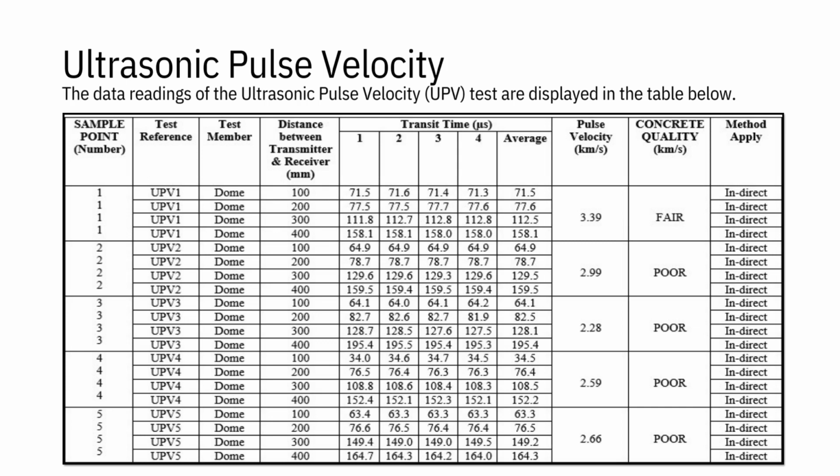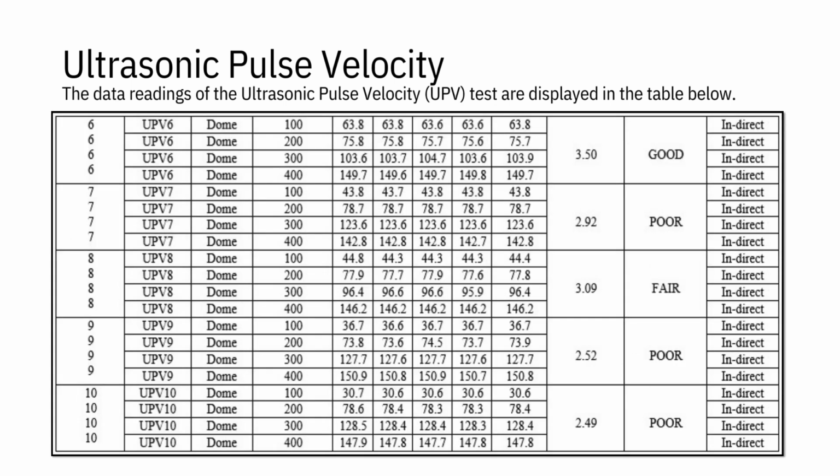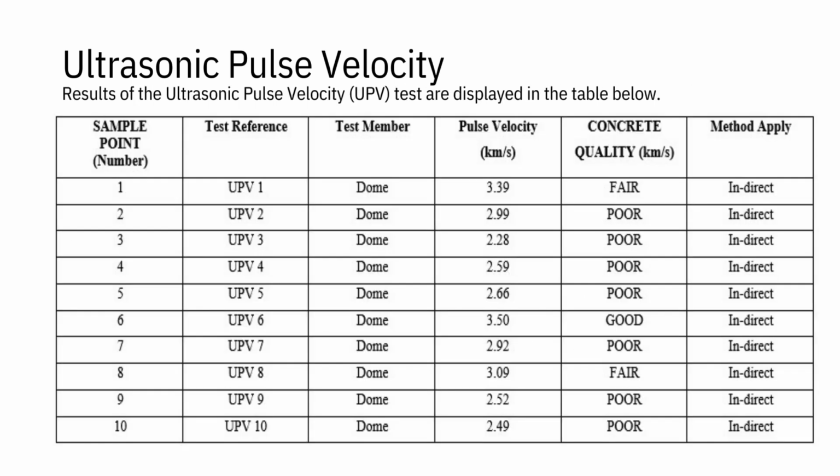So from the transmit time, we can conclude the data by getting the average and the pulse velocity. Then, as we see from the guideline before, we can conclude the concrete quality. This UPV method applies the indirect method.